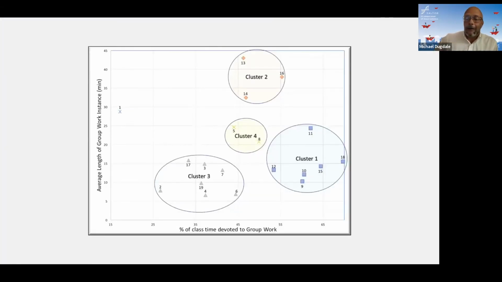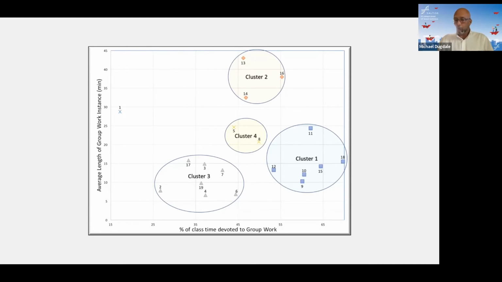Here's the big graph that we end up with, that we could actually classify and cluster teachers around how they implemented active learning by looking at, number one, the percentage of class time that they devoted to group work, and on the other axis, how long those enactments were.